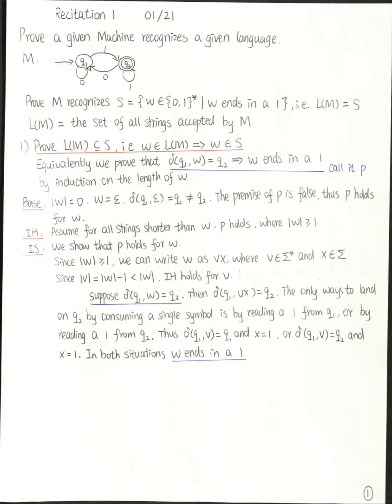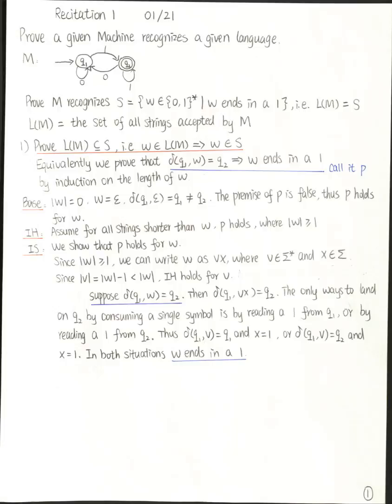Those two cases. So we have, starting from Q1, if I only read V, then I can land on Q1 and X is equal to 1. This corresponds to the first case, reading a 1 from Q1. Or I have the second case, reading V from Q1 and end in Q2, then read another 1.